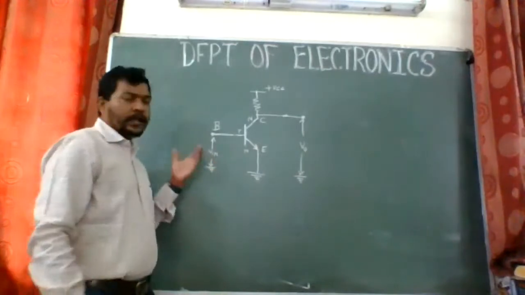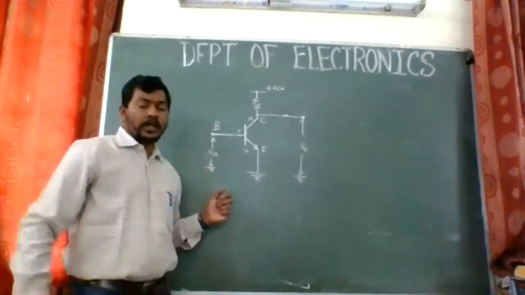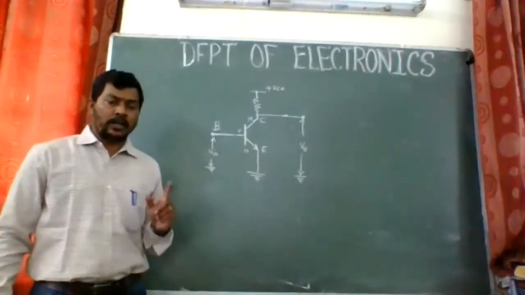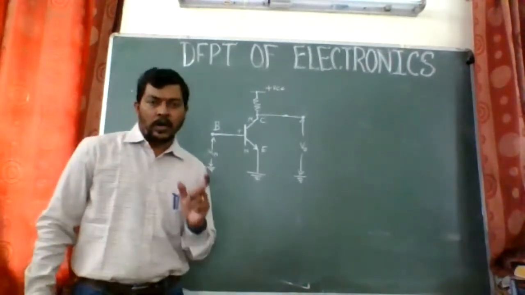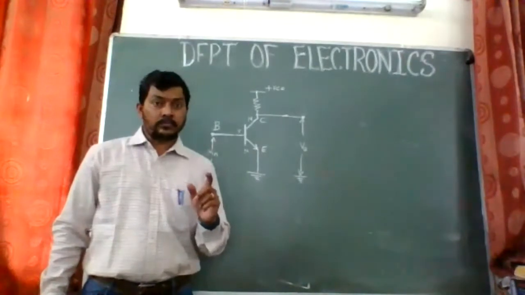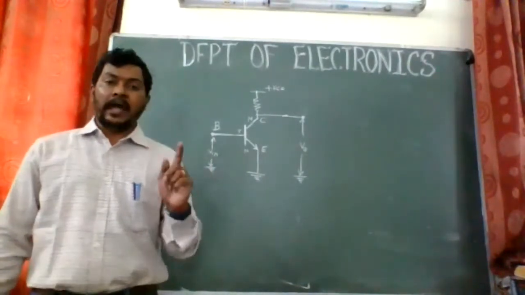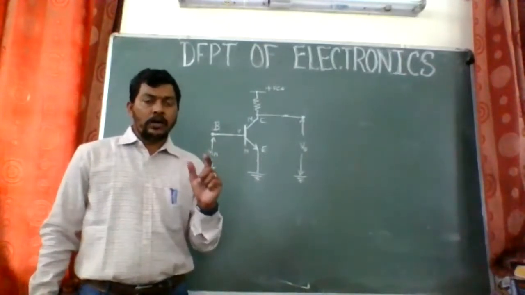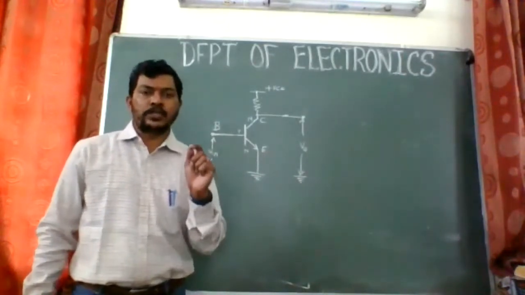So we are trying to analyze that. For that, the first and basic requirement is how a transistor works as a switch. So we are working on how we can use this transistor as a switch.